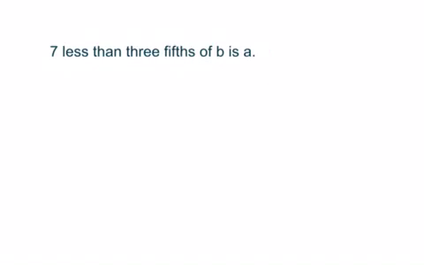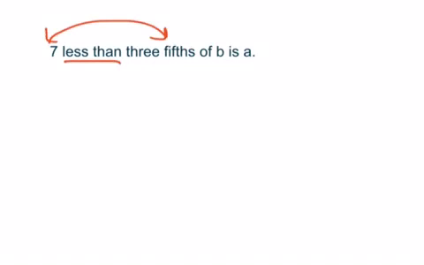7 less than 3/5 of b is a. Okay, so going through this, 7 less than, so the word less than means that we have to switch the order.